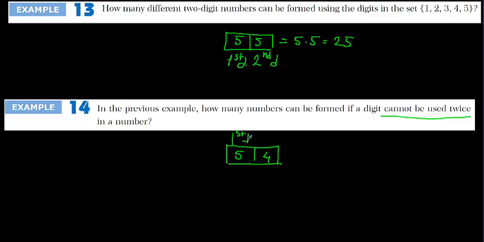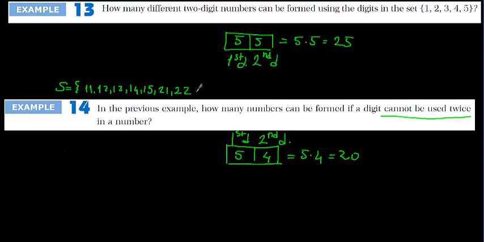So 5 times 4, which is equal to 20. In the set, for example, 11, 12, 13, 14, 15, and 21, 22, it can be.